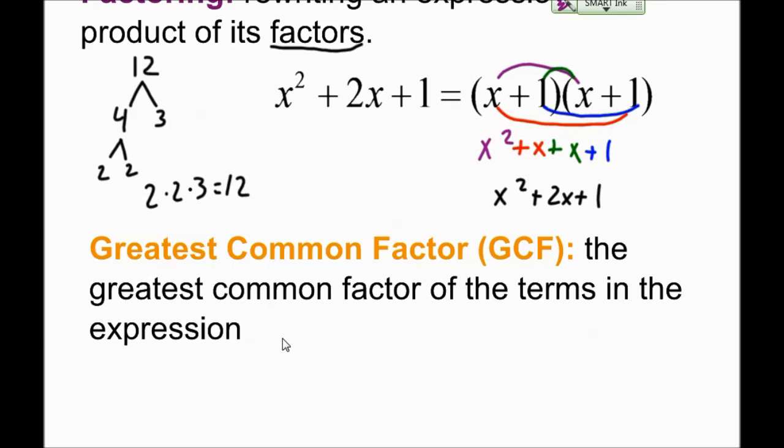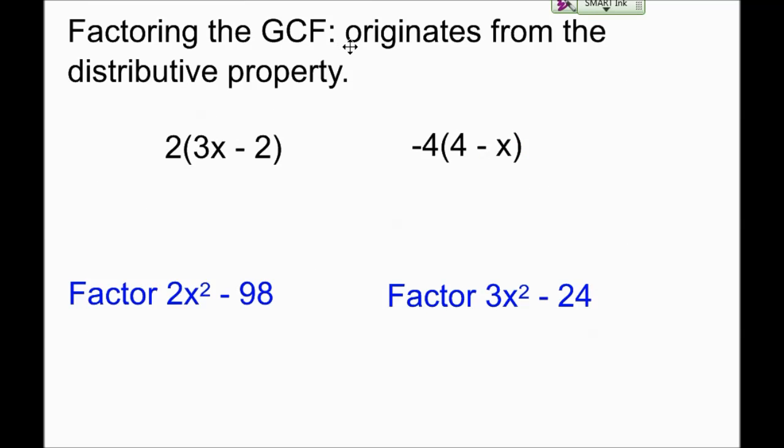So first of all, I want to look at this case of factoring the greatest common factor. And it originates from the distributive property. So if you remember the distributive property, it's when I distribute. So I do 2 times 3x gives me 6x. 2 times negative 2 is negative 4. Same thing here. If I distribute, I'm multiplying these. So that gives me negative 4 times 4 is negative 16. Negative 4 times negative x is plus 4x.